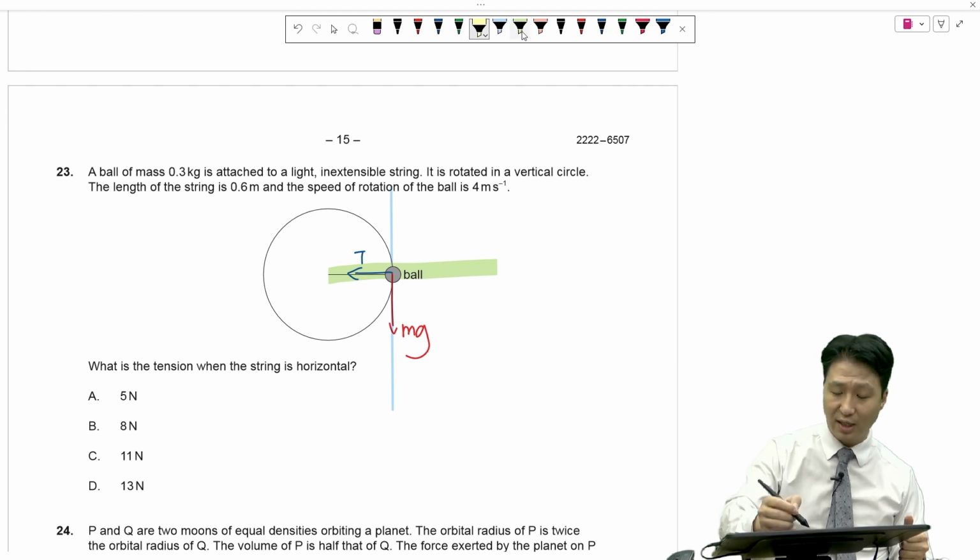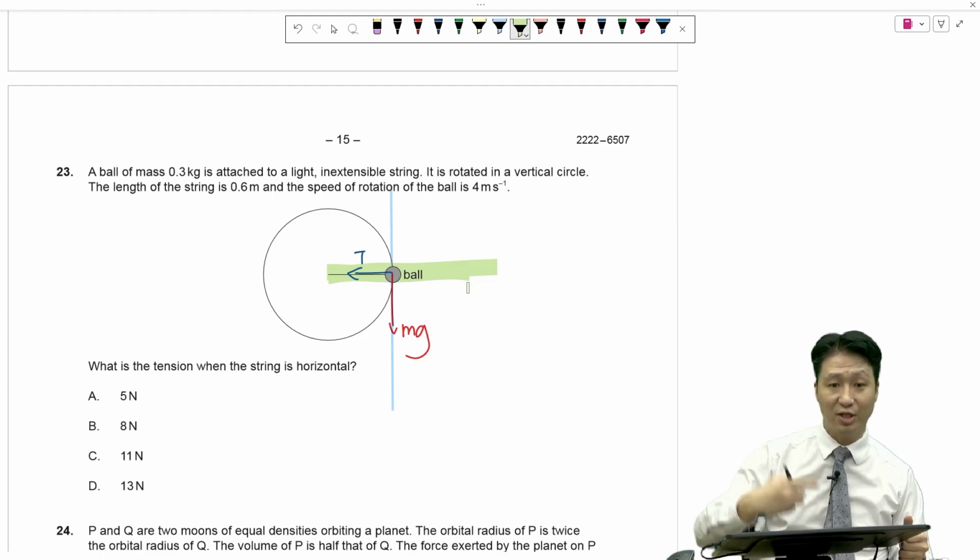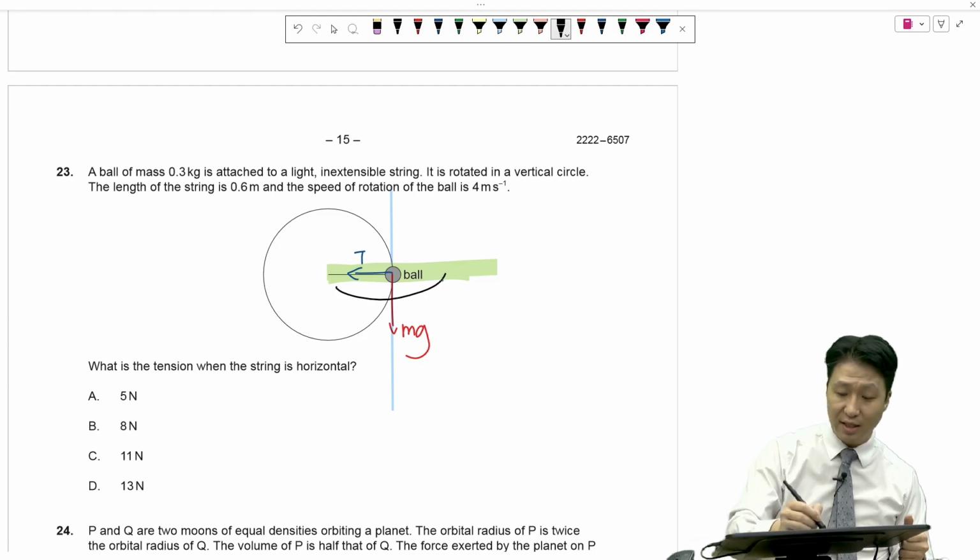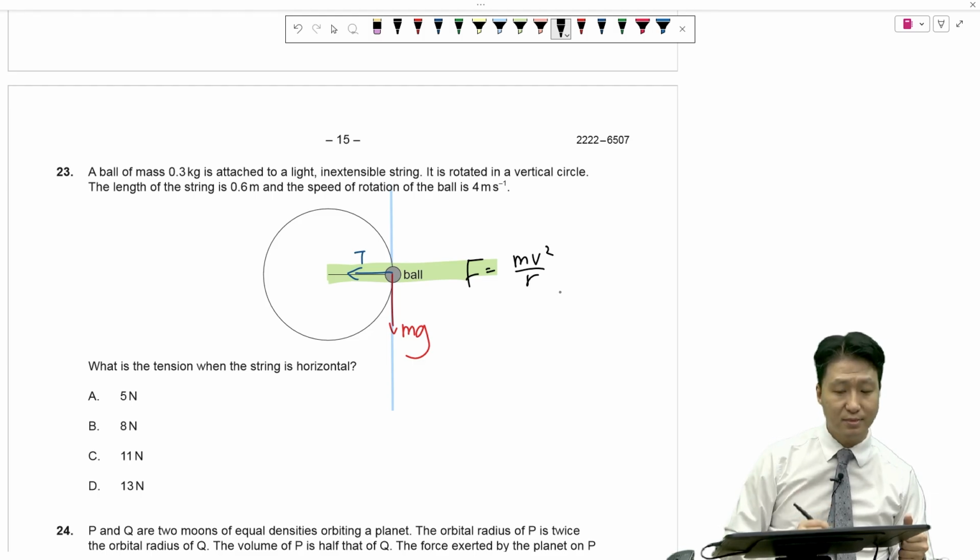In order to turn the direction, you need a radial force towards the center of the circle. This actually turns the ball. And it's the force in this direction that is going to be equal to mv squared over r. The only force capable of doing this is the tension. So this is equal to the tension.